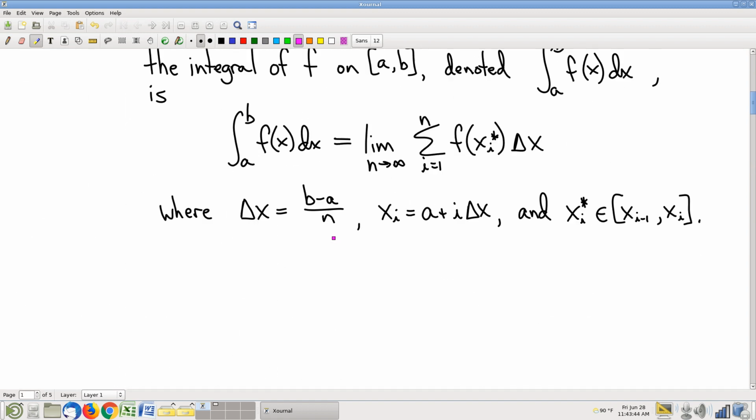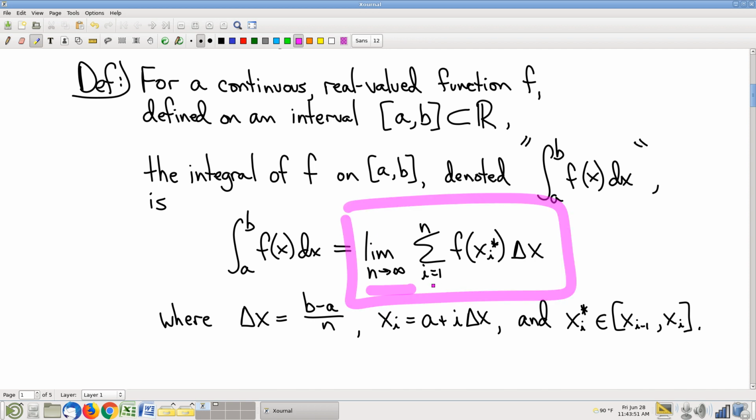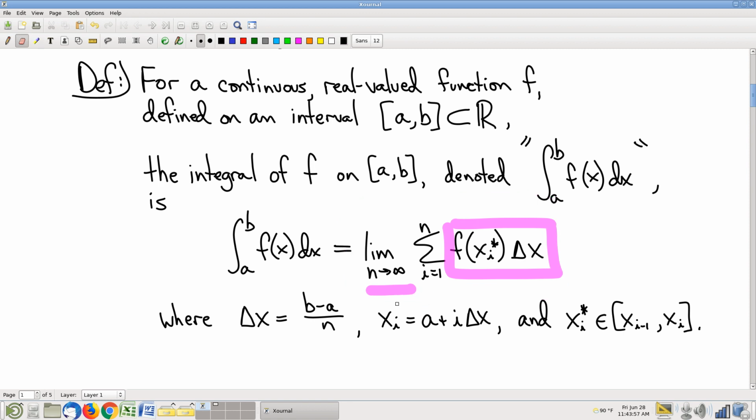Let's go back to our definition here. Here is our definition of an integral. There it is, and you see we have a limit of a summation of a bunch of terms, each of which has two factors, one of which is delta x, the other of which is some function appropriate to the application.